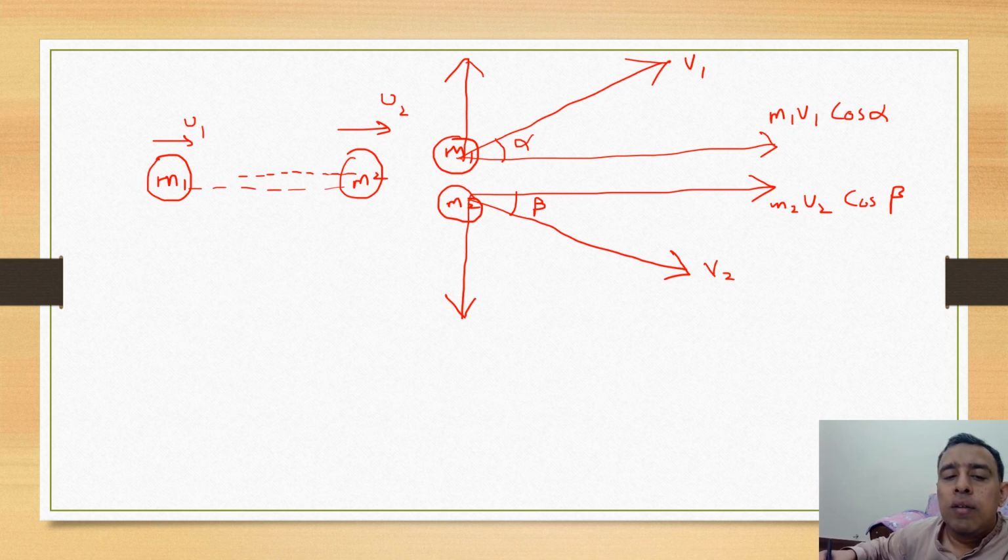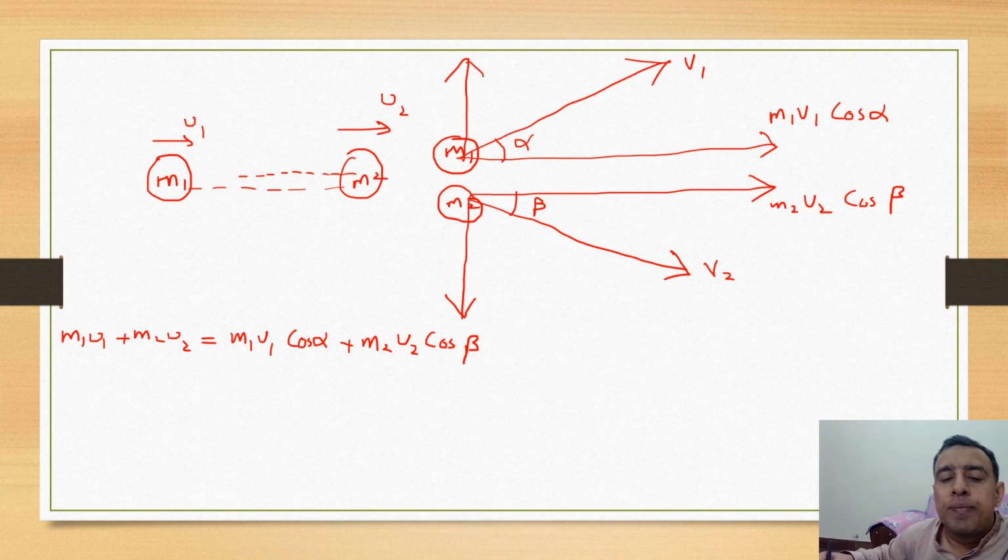So now the relation is m1 u1 plus m2 u2 is equal to m1 v1 cos alpha plus m2 v2 cos beta.